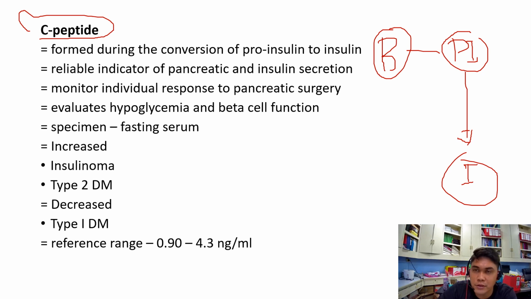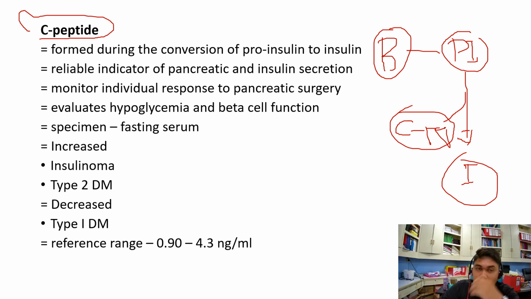Now, in the conversion of proinsulin to insulin, another product of this conversion is the C-peptide. In terms of concentration, C-peptide is more abundant, at a higher concentration, compared to insulin.